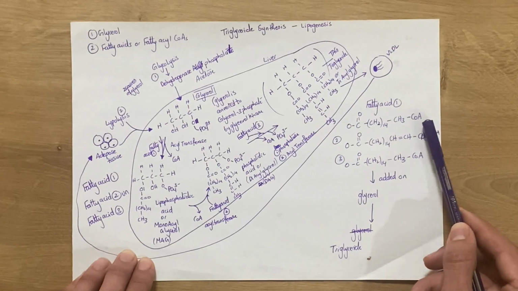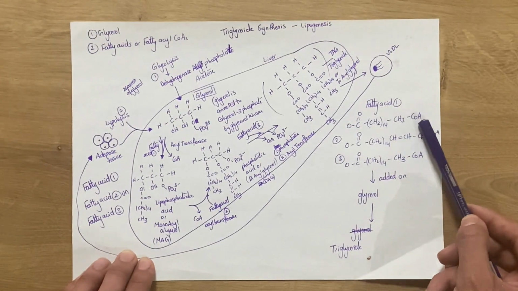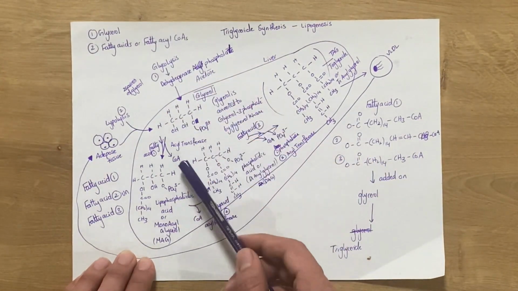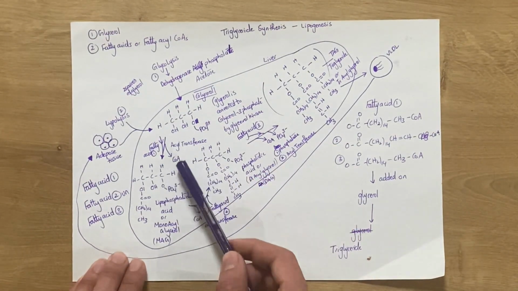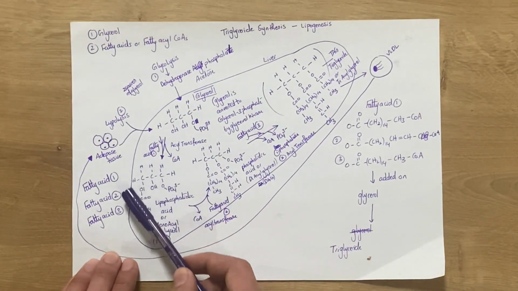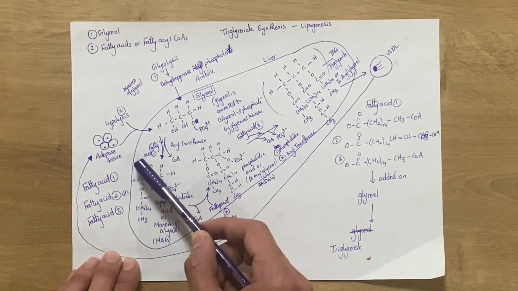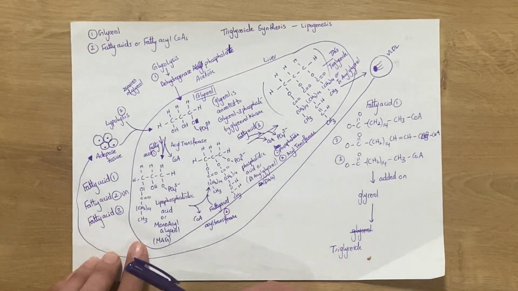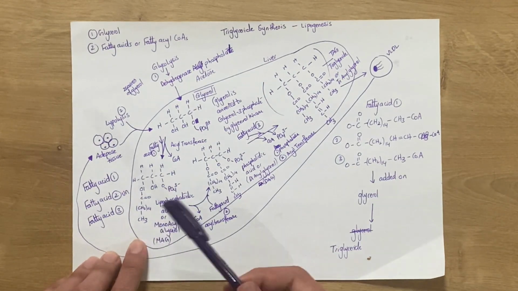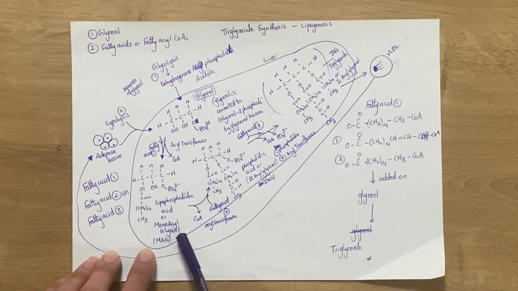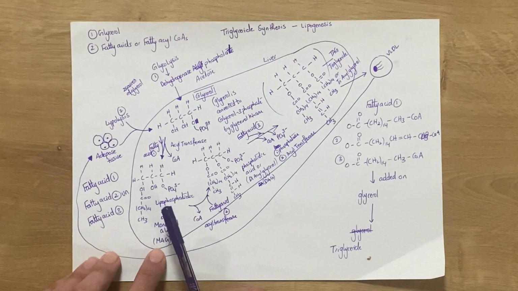Remember, it has a CoA within its structure because it's called a fatty acyl CoA. So when it is added onto glycerol, it gives out a CoA, and the first product from this reaction under the effect of acyl transferase is MAG. MAG is called monoacyl glycerol, or lysophosphatidic acid.